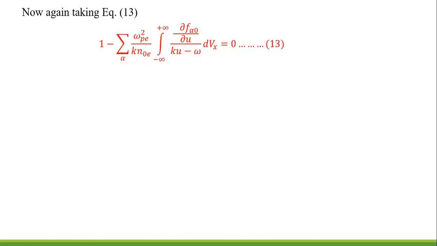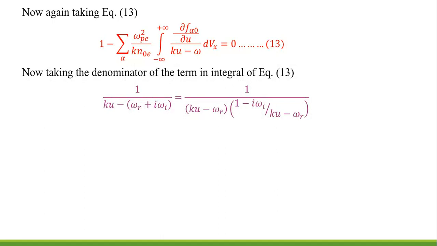So here, this is equation number 13. Now, as I told you before, let's solve this denominator first. You know that omega generally consists of two parts, omega real and omega imaginary. I'm leaving this equation here, and I will solve this denominator and then substitute the value back into equation 13.